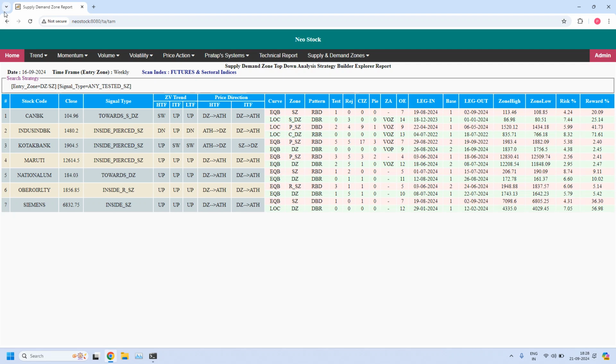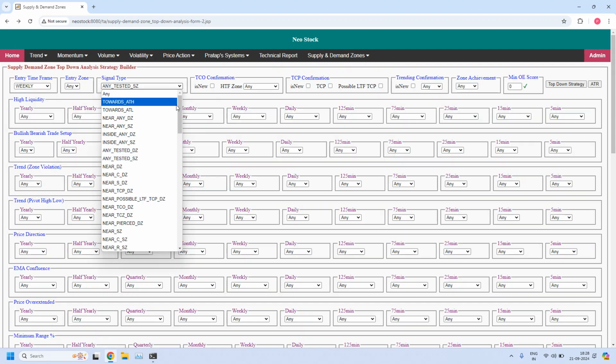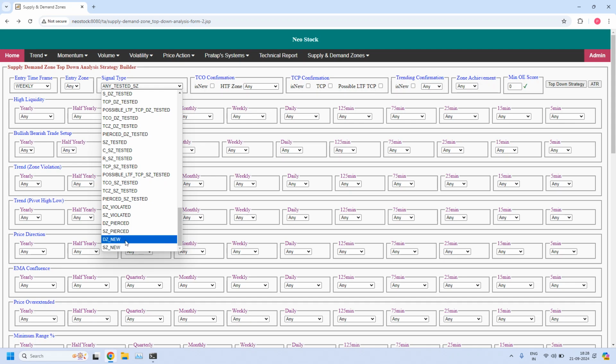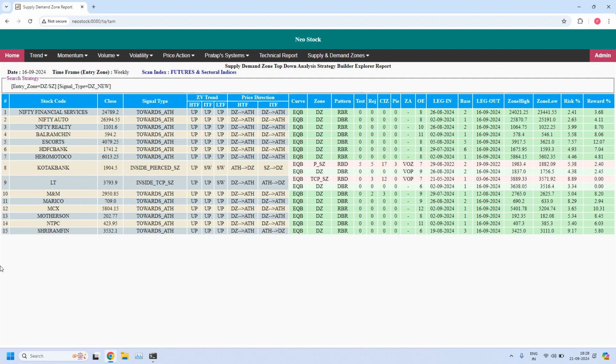In the next report for weekly time frame, let us find the stocks having newly created demand zones, weekly demand zones during this week. So these 15 stocks having demand zones are created during this week.